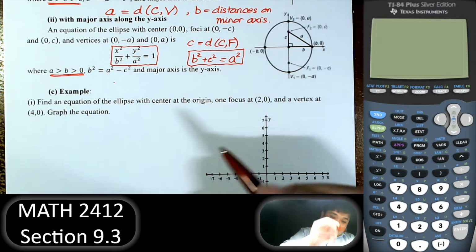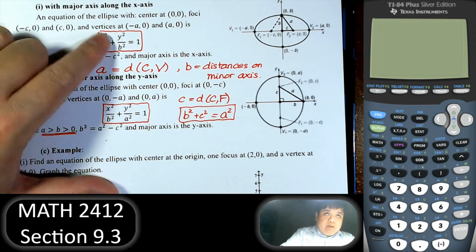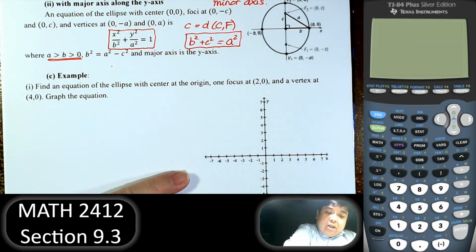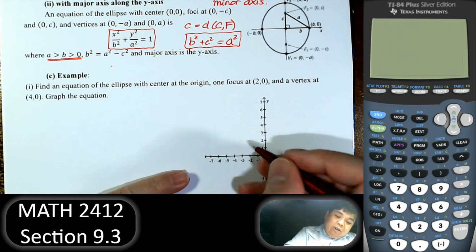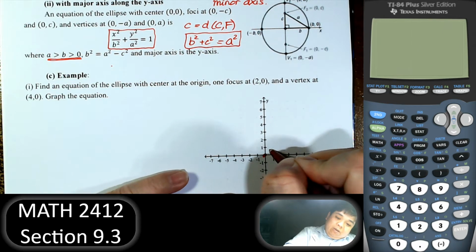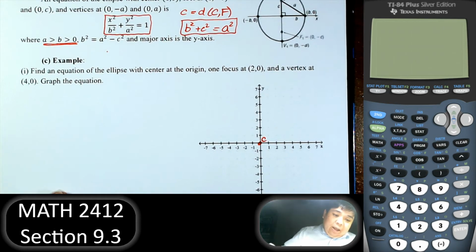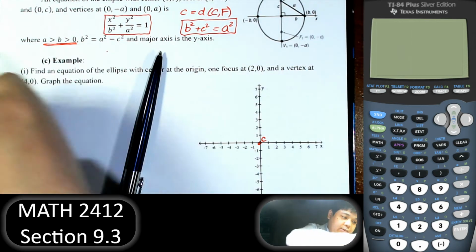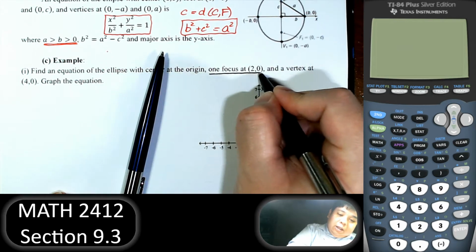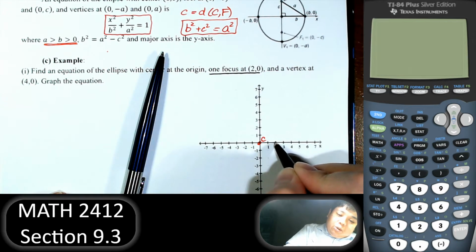We know the center is the origin, so it's one of those forms. The focus is at (2, 0), and the vertex is at (4, 0). First, the center is at the origin. One focus is at (2, 0), x equal to 2, y equal to 0.